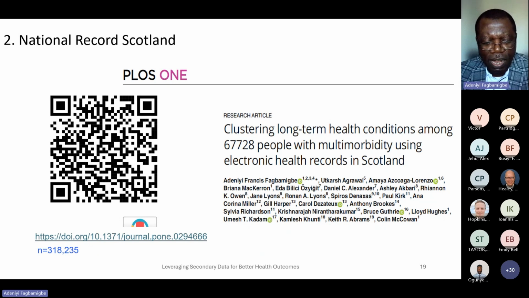We started with 318,000 individuals, but we were only able to establish multimorbidity among 67,000. Again, this is a huge advantage of using EHR. It would be a nightmare to get this on our own without leveraging secondary data.